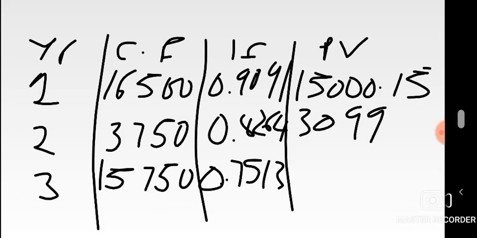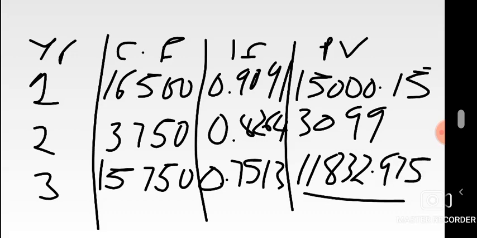Next, the last cash flow, 15,750 times 0.7513, gives 11,832.975.